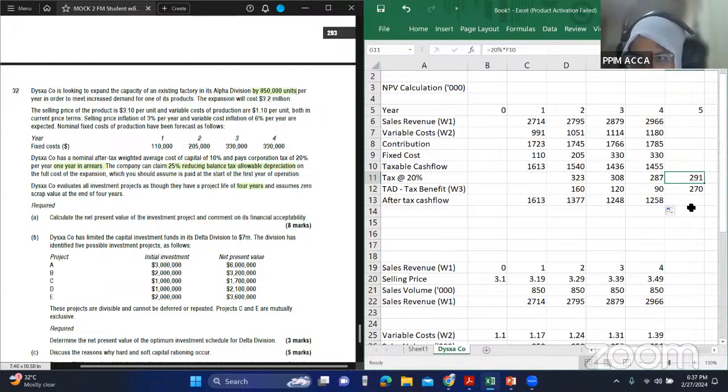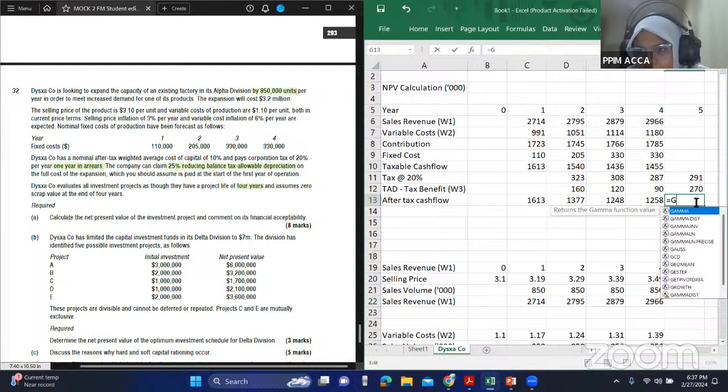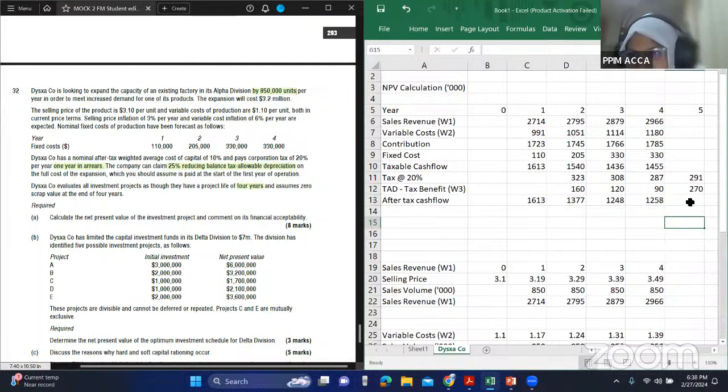I don't want to put this as negative. So I feel it's better to not formulate this cell, because usually we will have a figure on top. Here, let's just take the difference and put it as it is. So this is a negative 291.